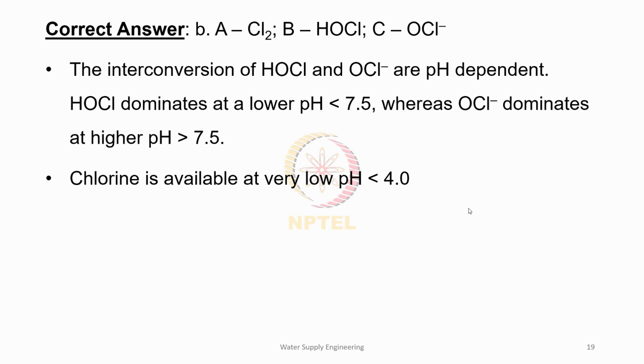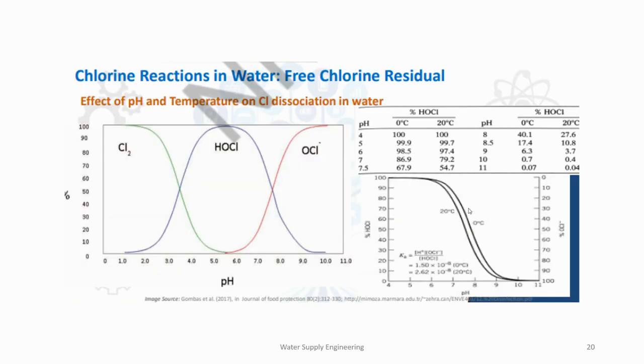And chlorine will be available at very low pH, that is when the pH is below 4. So this is how the chlorine reactions in water will be. At very low pH, less than 4, we have chlorine. Then from 4 to 7.5, we will have hypochlorous acid, and then hypochlorite ions.